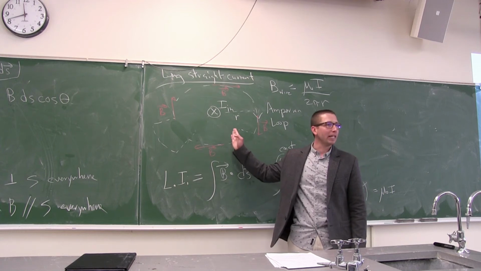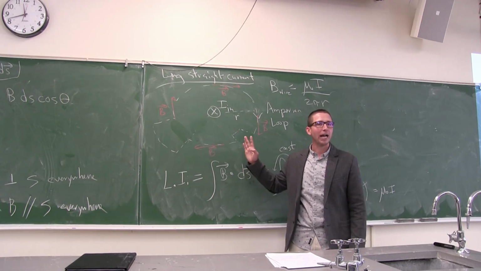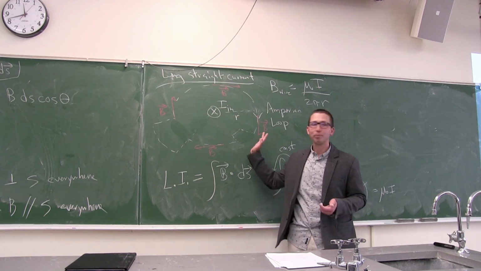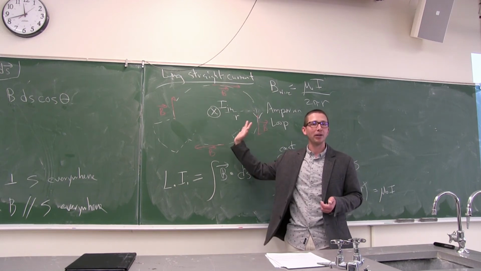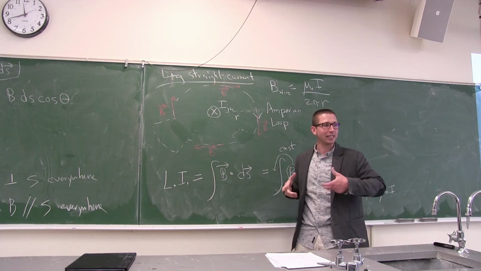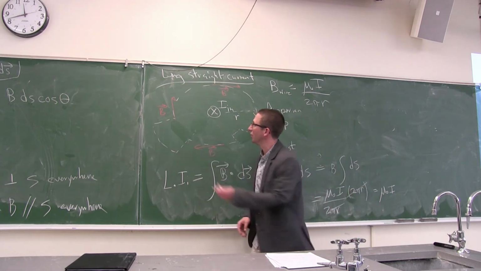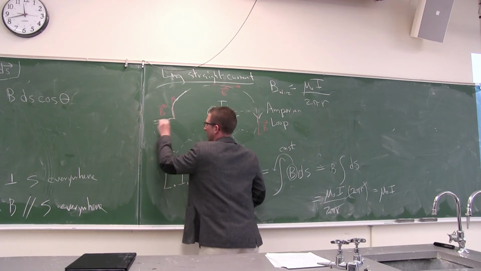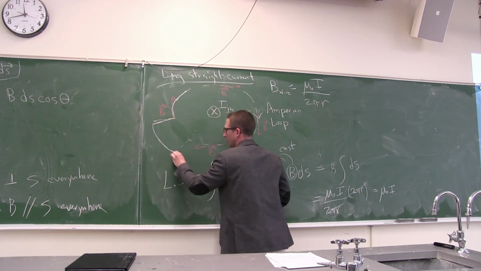Now you can imagine if I did this over and over again, I could slowly, gradually make any shape I'd like by taking little pie slices, pushing them in, or pulling them out, so that the shape of the path looks like this.